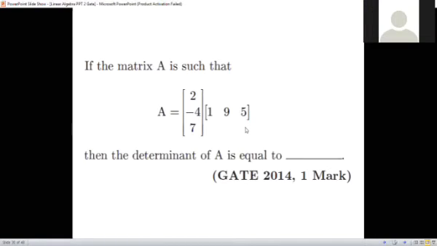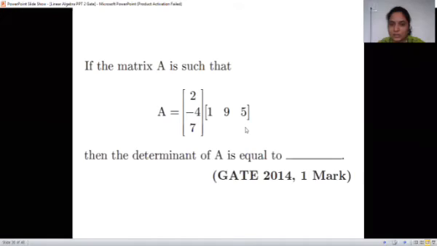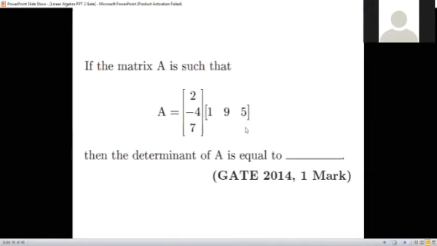Come on, first row. What is the first row? Yes, 30. Okay. First element.